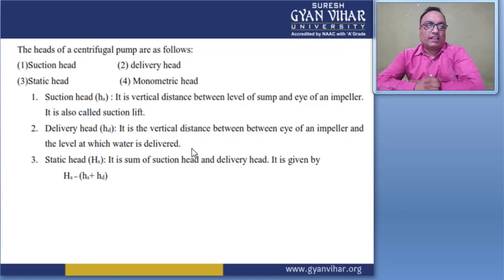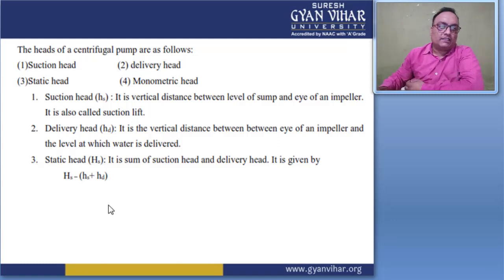The static head is represented by a capital H with suffix S, the suction head by a small h with suffix S, and the delivery head by a small h with suffix D. And this is not a minus sign, this is an equal to.